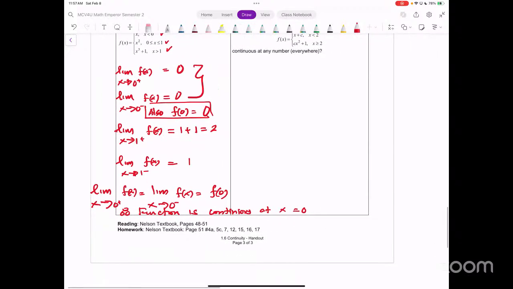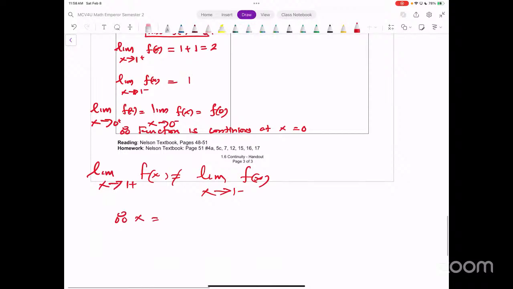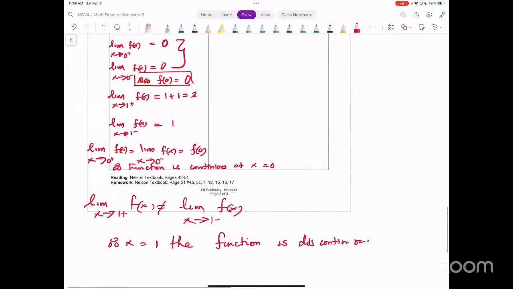But on the other hand, limit x approaches 1 plus f of x is not the same. What kind of discontinuity?